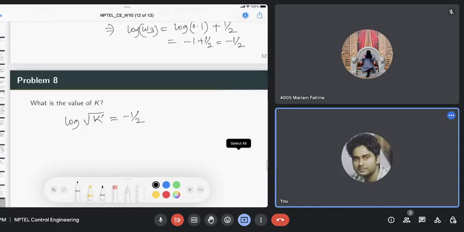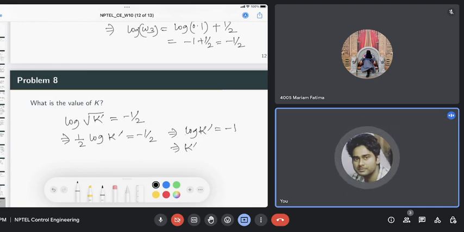I can take this square root outside, so it will be half log k prime equal to minus half, so log k prime equal to minus 1, which implies that k prime should be 0.1.